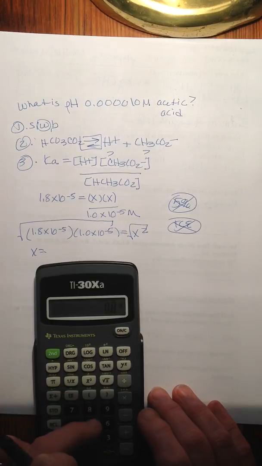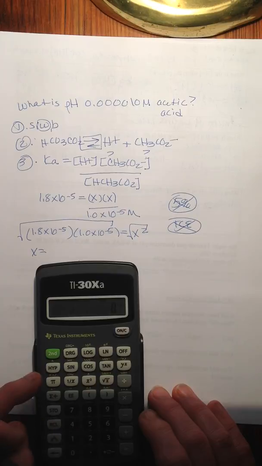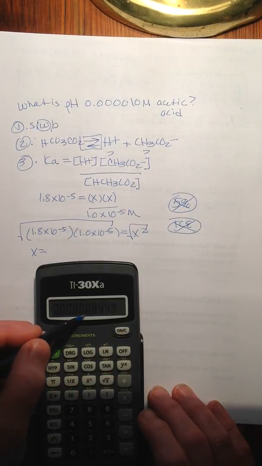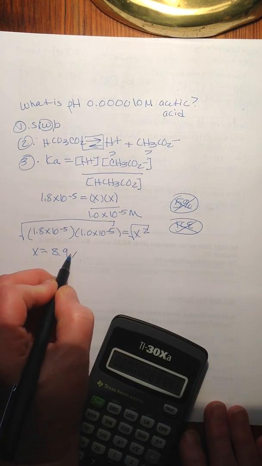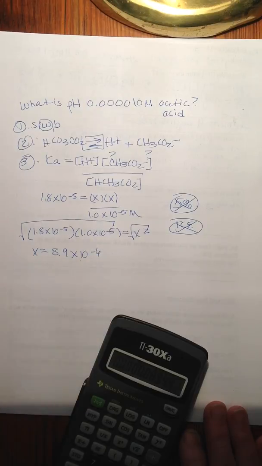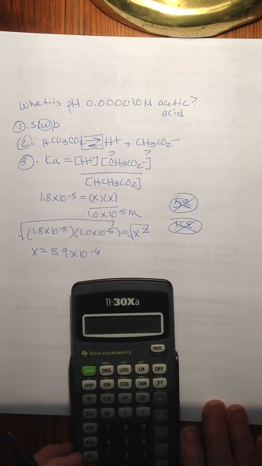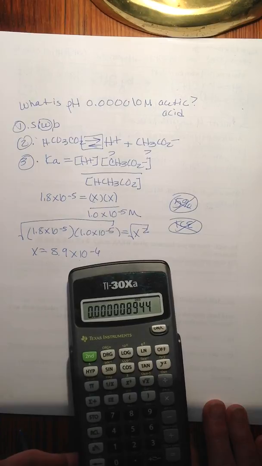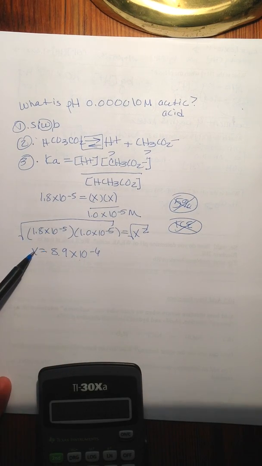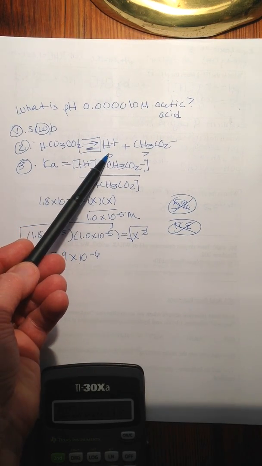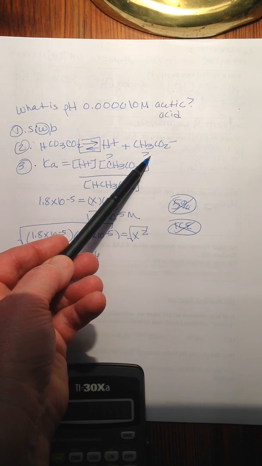1.8 EE minus 5 times 1 EE minus 5, square root, 8.94 times 10 to the minus 6. I'm going to go to two significant figures. Okay, now remember that we are defining x as our H+ and our anion.